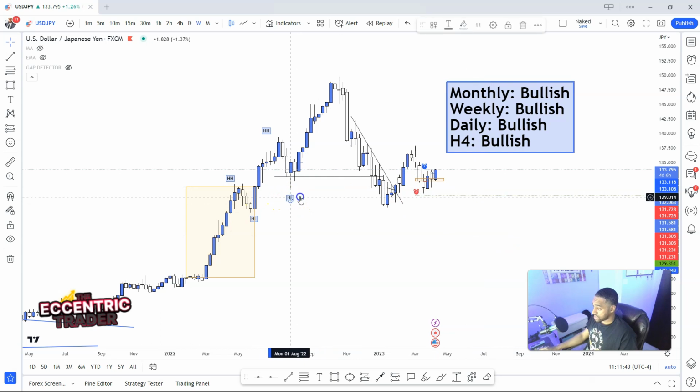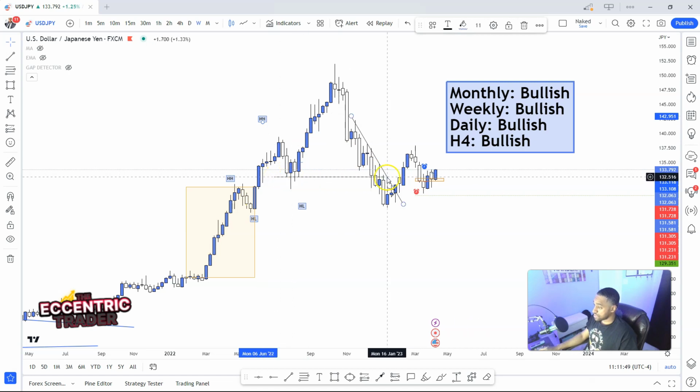If you've been following my top-down analysis for UJ for a little bit, at some point I marked this off to establish that the market could be going down, but on a higher time frame, which is the monthly, it looks more so to be a test. But be open to the fact that UJ could potentially go down further. Just for your awareness, it's very important for you to know that.